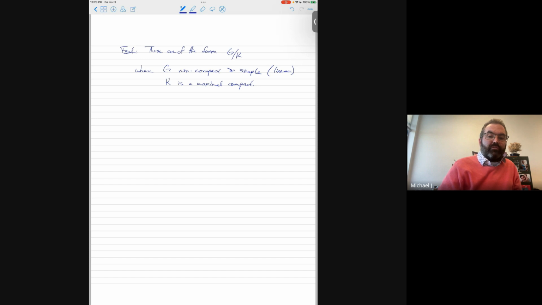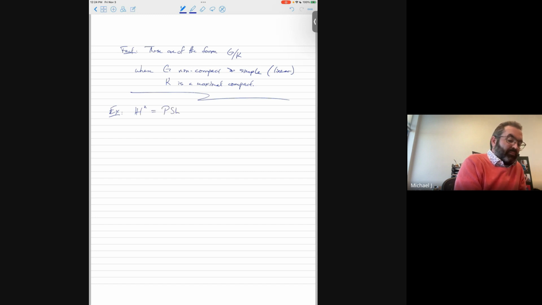Okay, so this is not the only transitive group on a symmetric space. So let me recall an example. If I took a hyperbolic space like H2, then oftentimes we write this as PSL2R mod SO2. But of course, there's another friendly group that acts transitively on this.